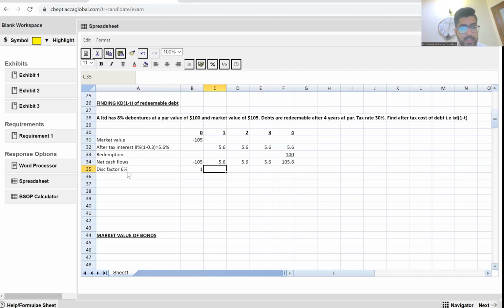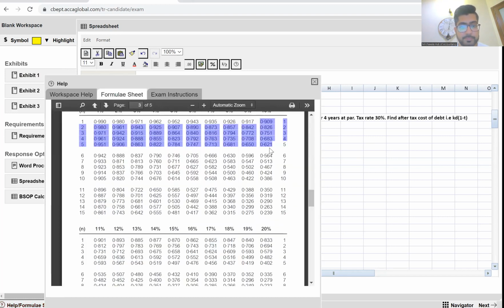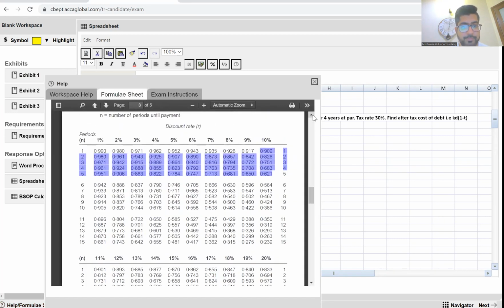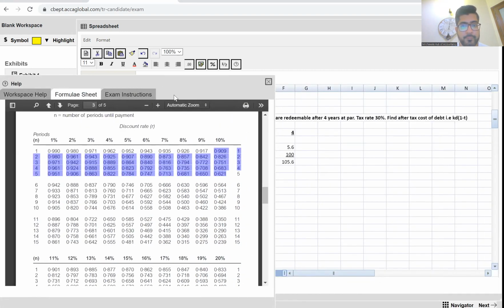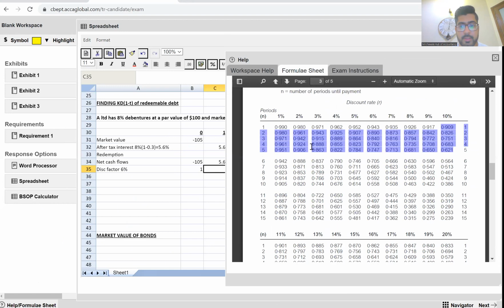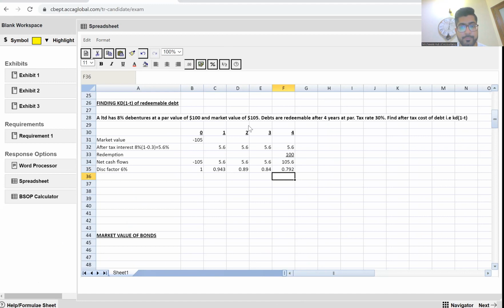So the factor is 1, and then I will copy from the table the 6% factors. So for 6%, you can see 0.943, 0.890, 0.840, and 0.792. Okay.